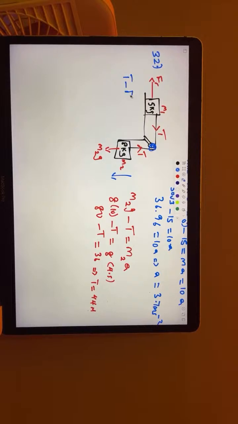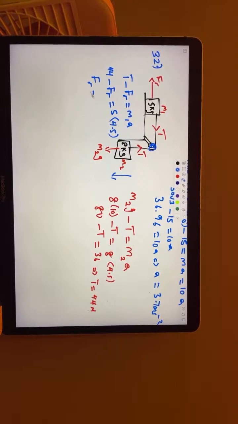So you have T minus frictional force. At the same time, I told you that resultant force equals MA. What mass are we pushing here? That's our M1 times A. By the way, in this system there will be the same acceleration and the same tension. So we already have our T, which is 44, minus frictional force, which we are looking for, equals M1, which is 5, times the acceleration, 4.5.